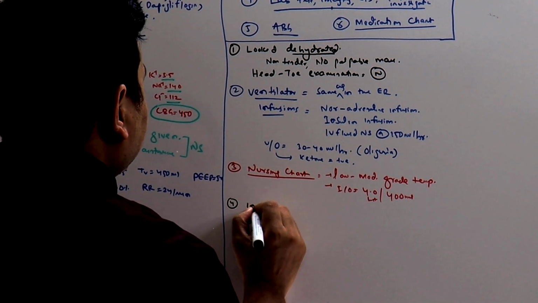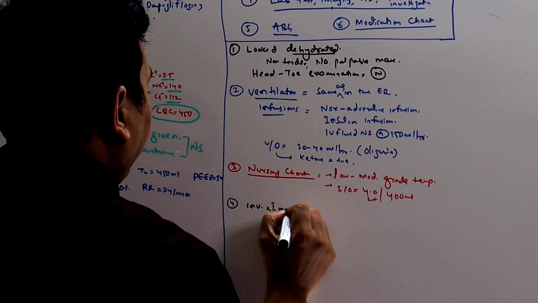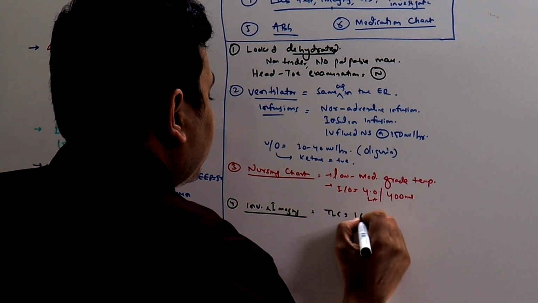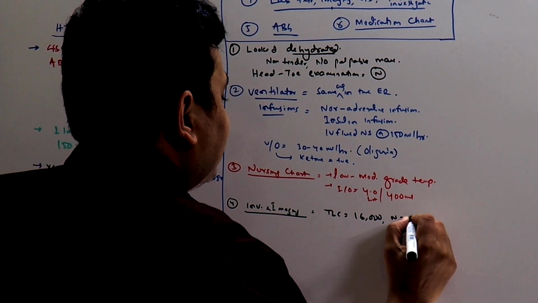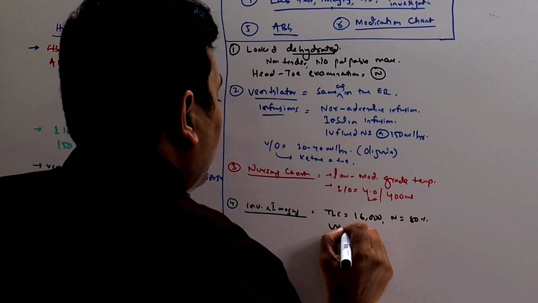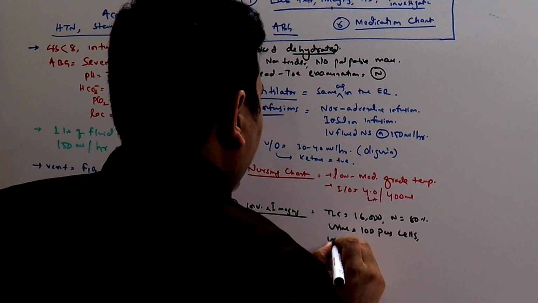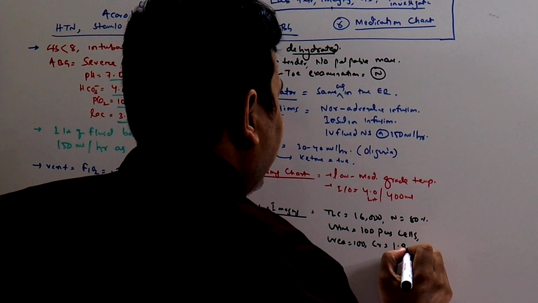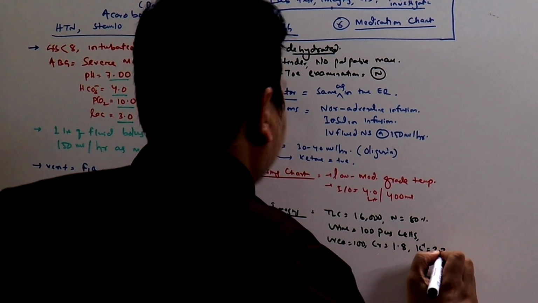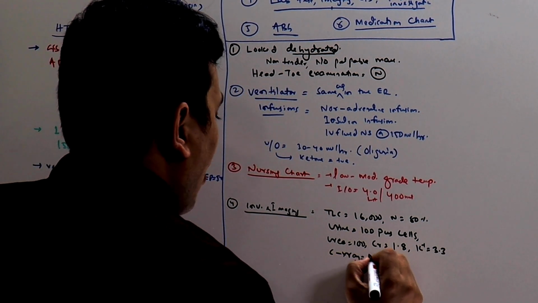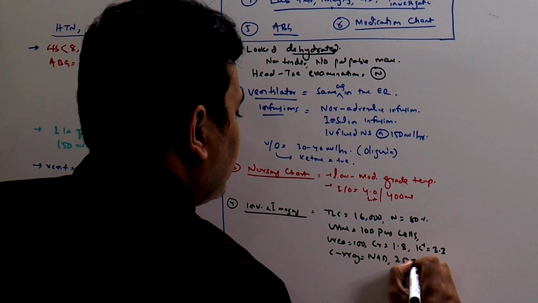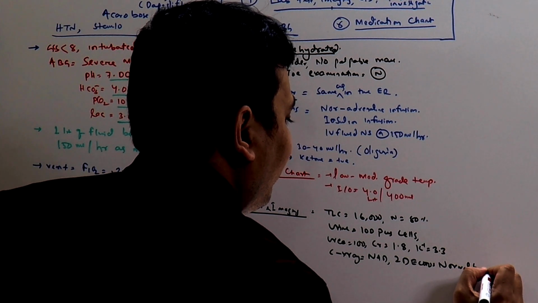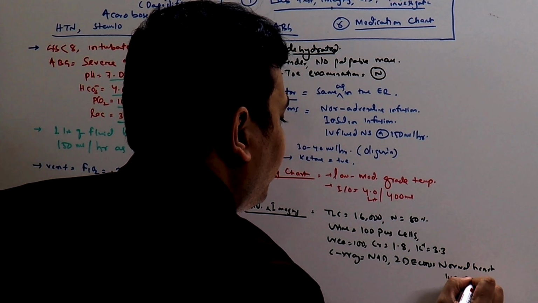In the investigation and imaging, WBC count is 16,000, neutrophil is 80%, urine we have 100 pus cells, urea is 100, creatinine is 1.8, potassium is 3.3, chest x-ray is normal, 2D echo is suggestive of a normal heart with IVC of 5 millimeter.